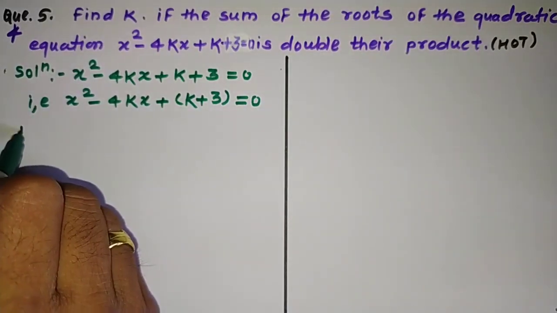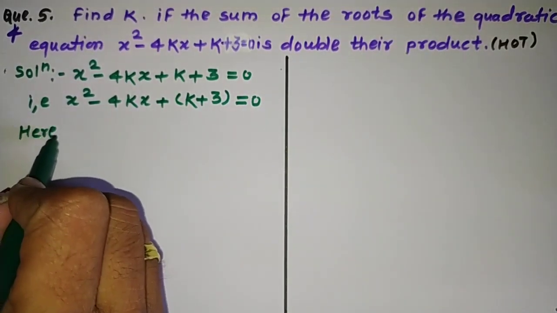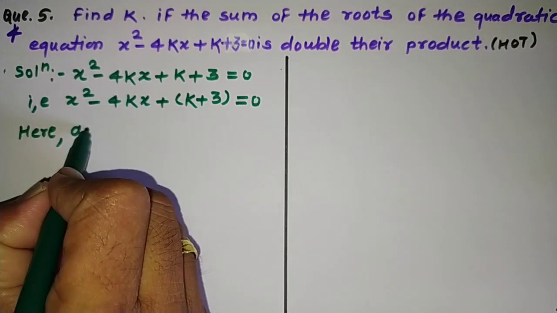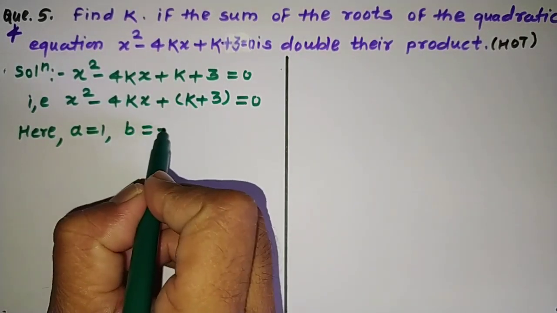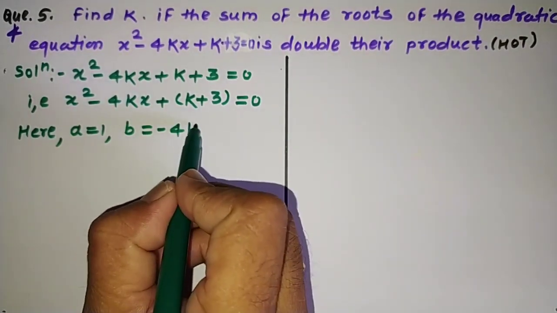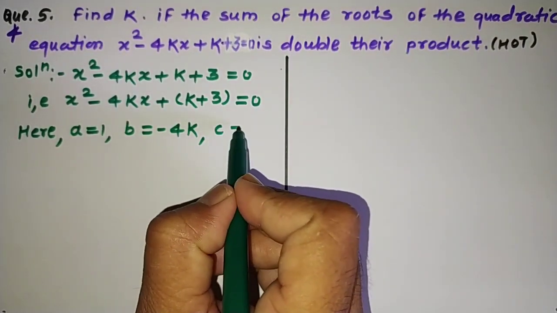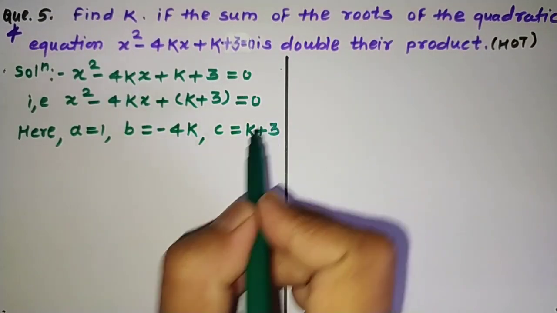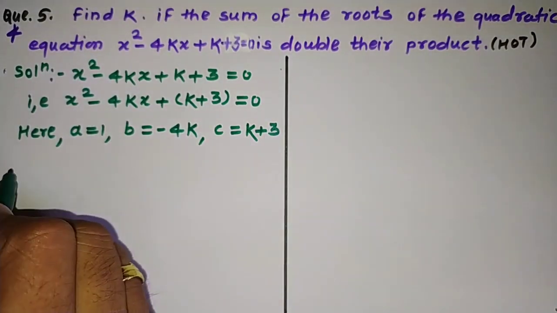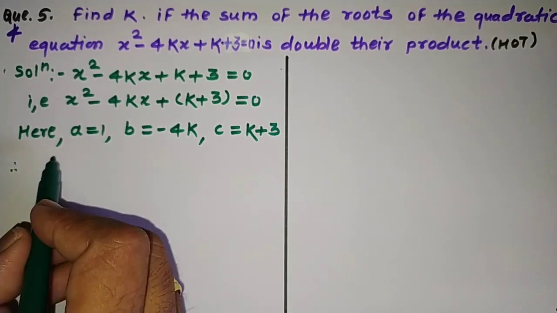Here value of a, b, c. Here a is equal to 1, b is equal to minus 4k and c is equal to k plus 3.